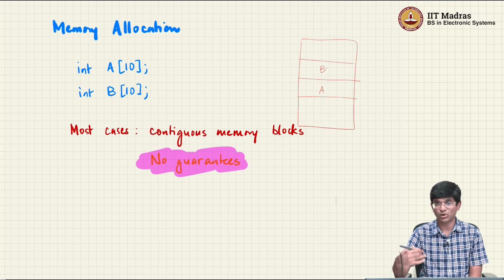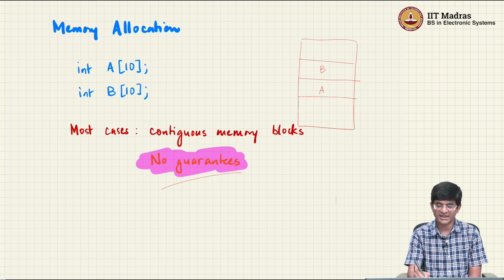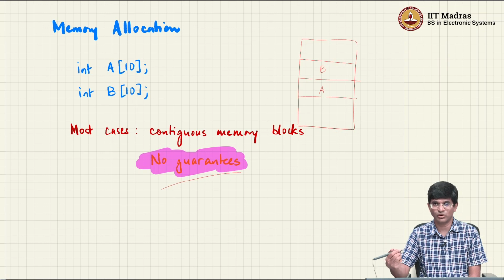Now, whether A goes to the higher memory addresses and B to the lower, or the other way around, depends partly on whether the machine is big endian or little endian, and a few other aspects of the compiler. In most cases you are not supposed to know, which is why I am saying that there are no guarantees. You cannot in general be sure of which is going to occur before which.